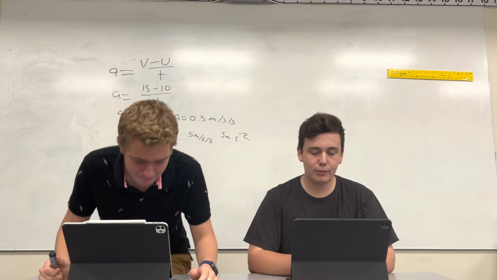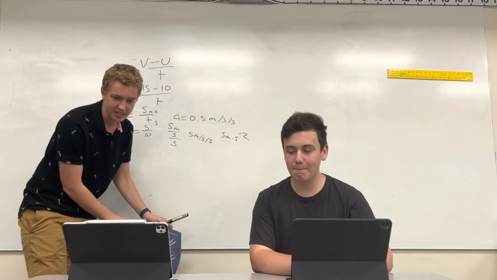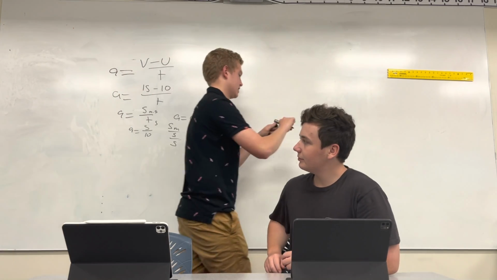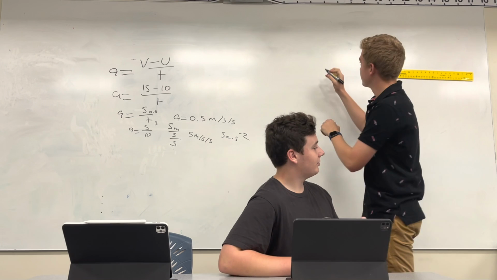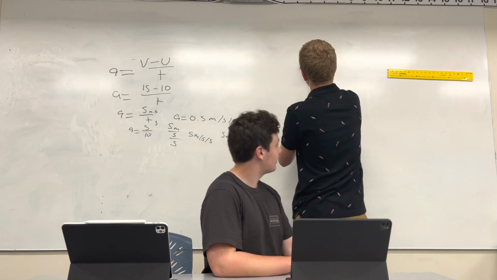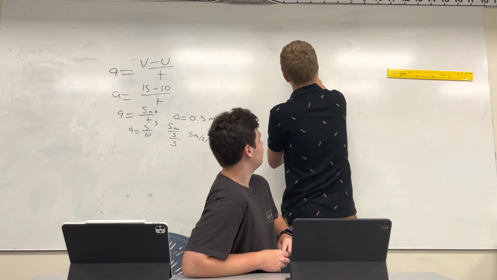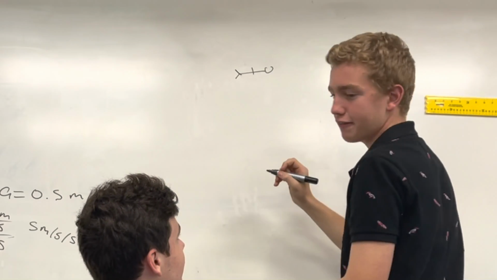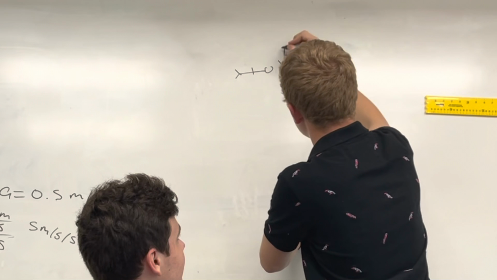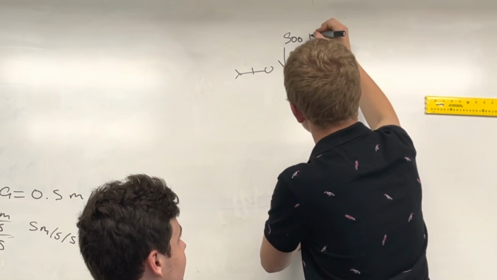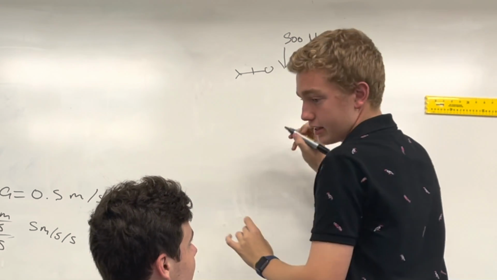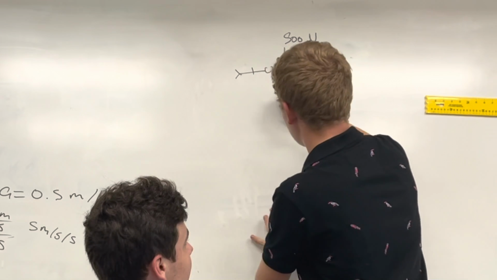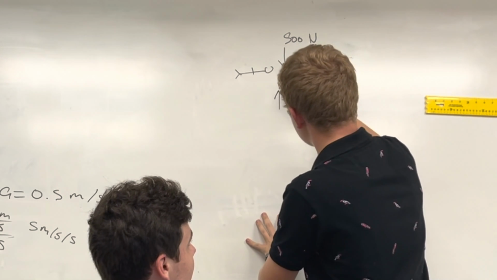Here's an example. More 5s, just watch out. All right, here we go. We've got a skydiver, right? Little guy or girl falling to the ground. Right, skydiver. They're falling to the ground with 500 newtons. The air resistance pushing back up on them could just be 50 newtons, right?